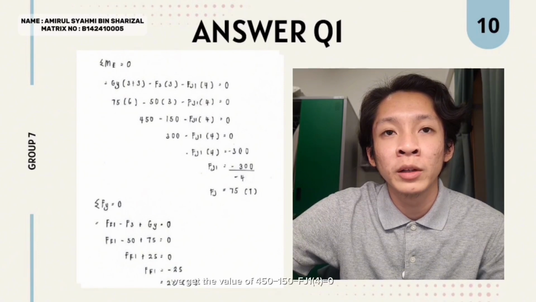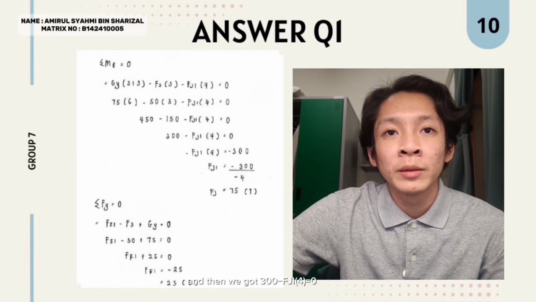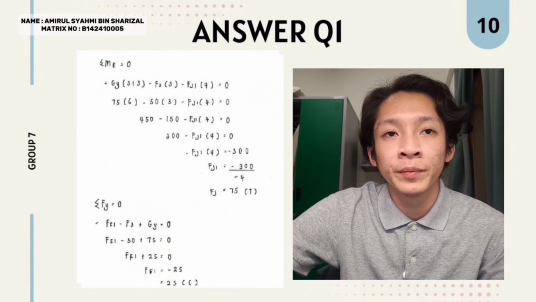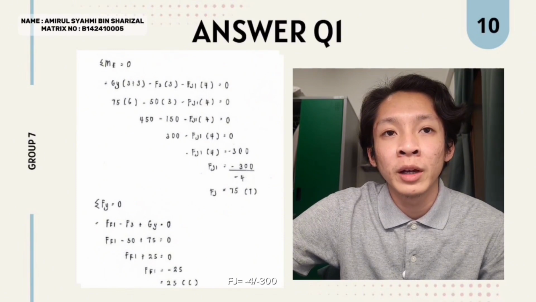We get 450 minus 150 minus FJ multiplied by 4, and then 300 minus FJ multiplied by 4, so FJ multiplied by 4 equal to 300, and we got 75 kilonewton tension.